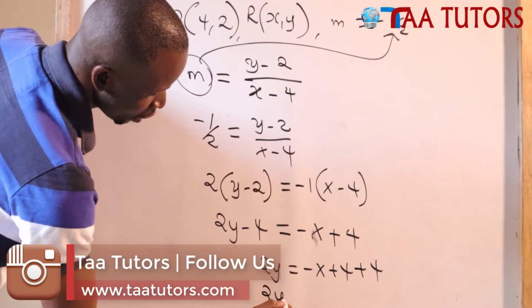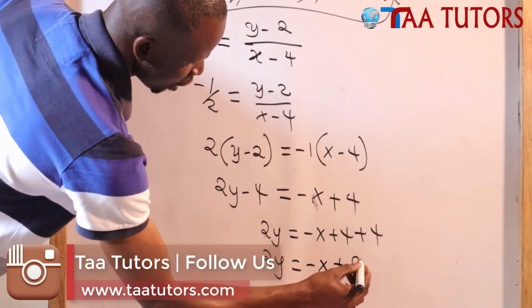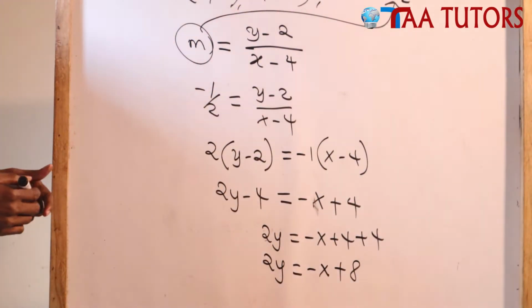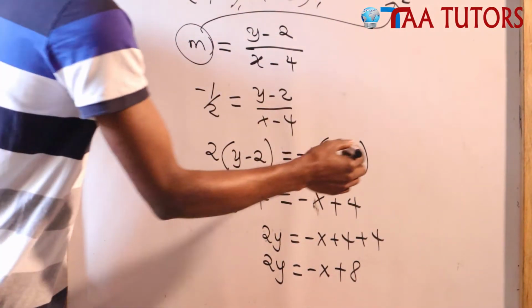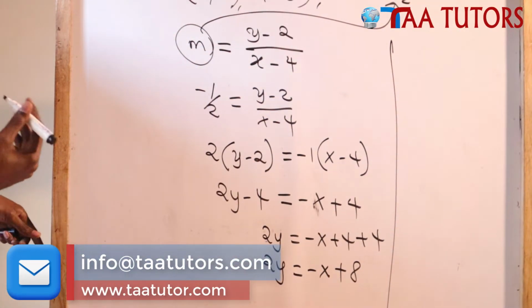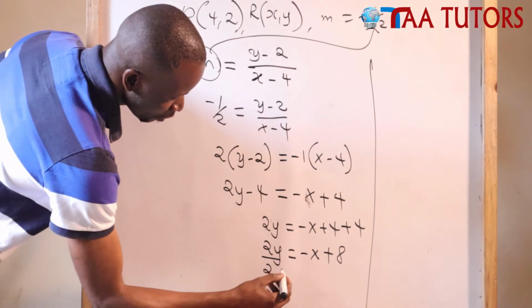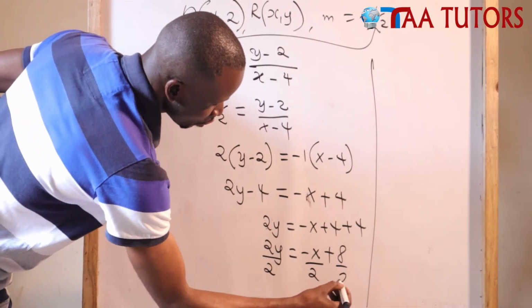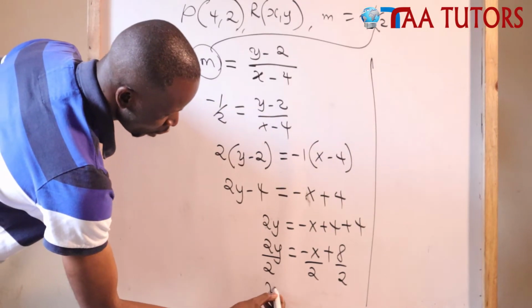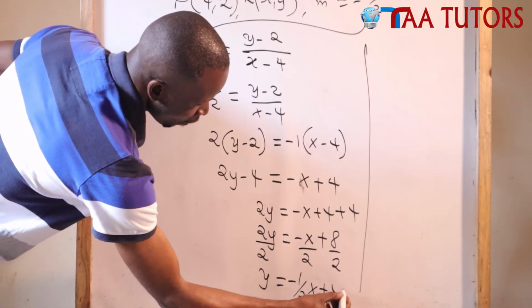That is 2y equals negative x plus 8. This is the equation, but we said that we can express it in two ways. If we express it in terms of y equals mx plus c, I'll divide everything by 2, so I'll get y equals negative a half x plus 4.